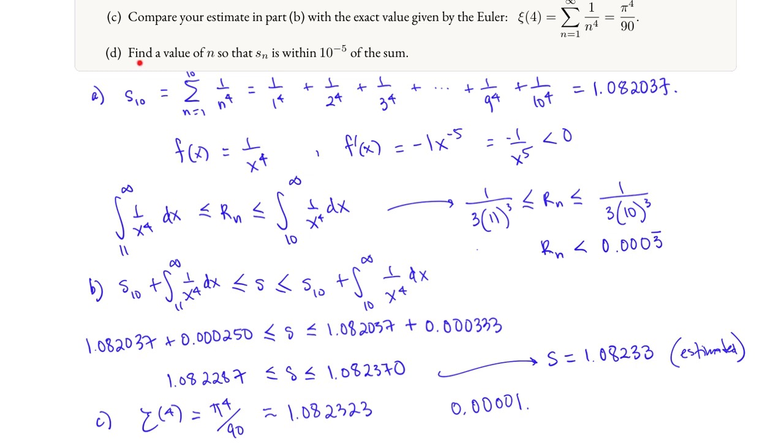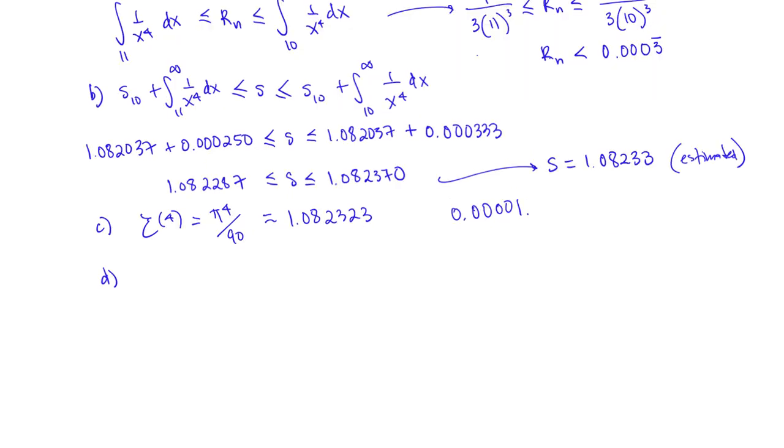Lastly, find the value of n so that the partial sum is within 10 to the minus 5 of the sum. The theorem says that r sub n is less than or equal to the integral from n to infinity of f of x dx, and so r sub n is less than or equal to the integral from n to infinity of 1 over x to the fourth dx.